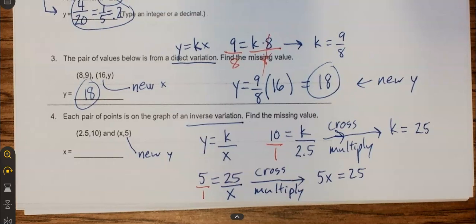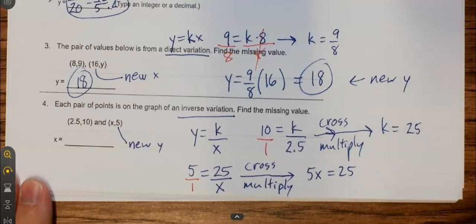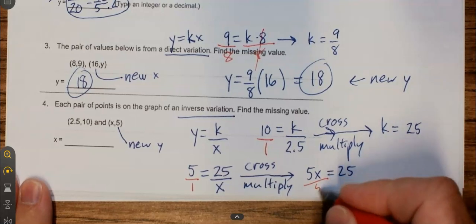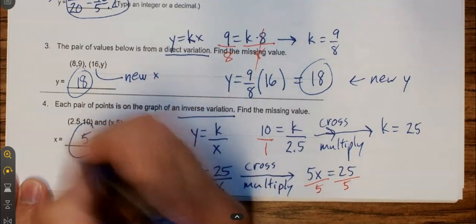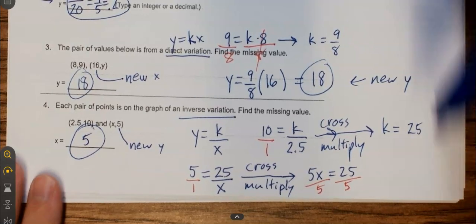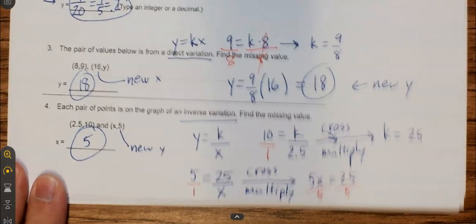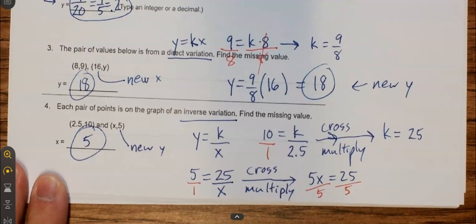What does 1x equal? 1x is 5. Thank you very much. Everybody got it?